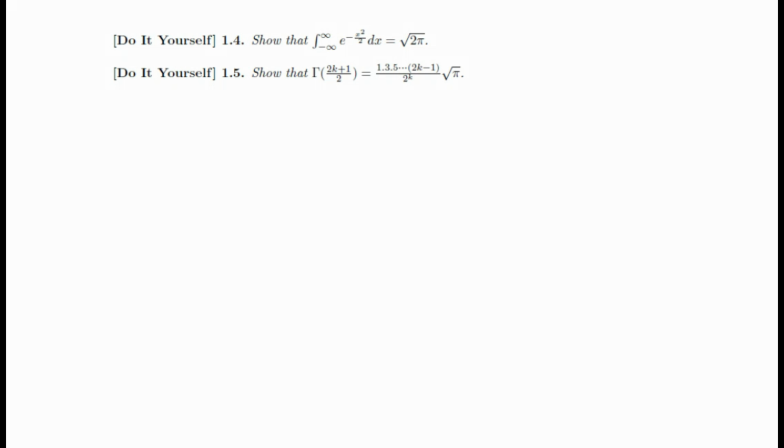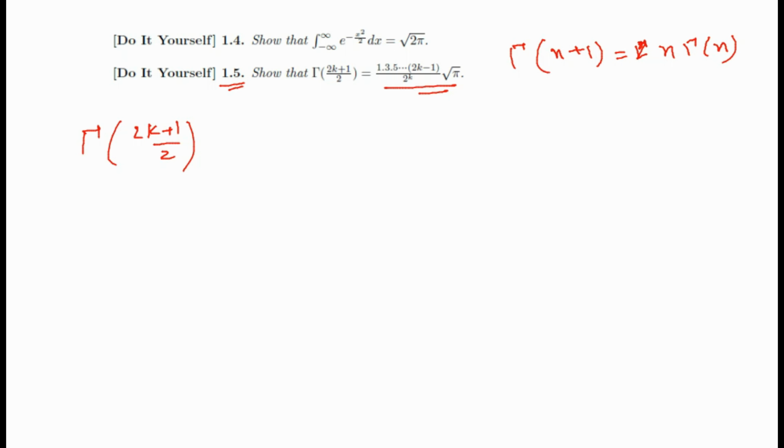Now we will go for 1.5. So this is gamma of (2k plus 1) by 2 equal to, we need to prove this. Now we have already proved gamma n plus 1 equal to n gamma n, and let's see, this is equal to, you can write it as plus 1, then (2k minus 1) by 2.